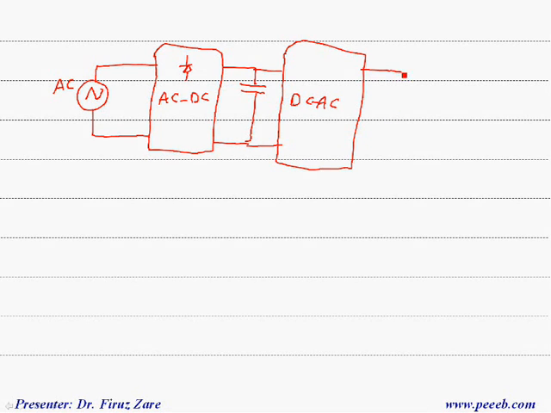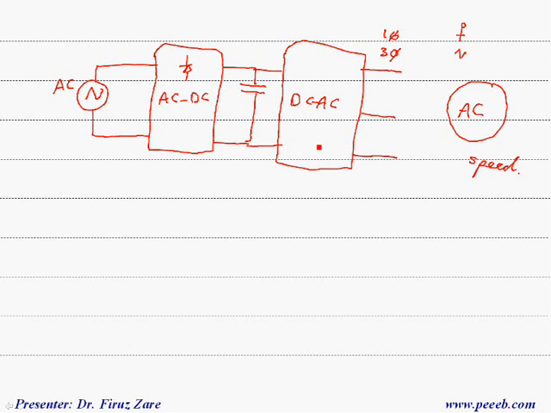Here, by controlling the converter, we can generate single phase or 3-phase, controlling the frequency and magnitude. Then we can connect it to different types of AC machine to control the frequency, to control the speed.